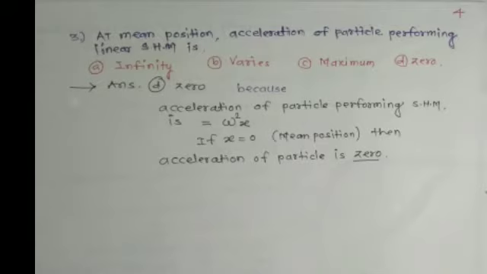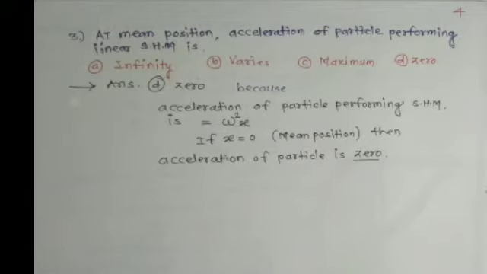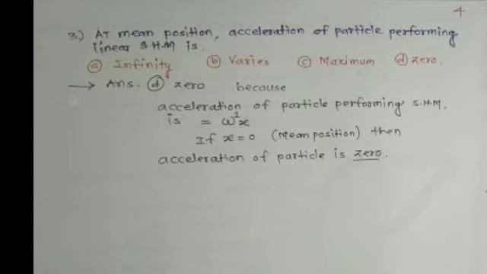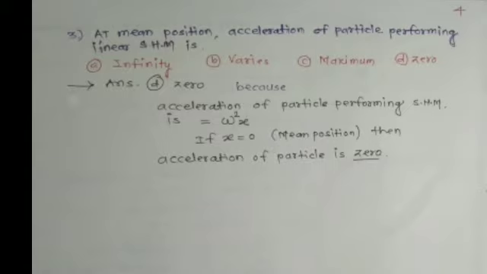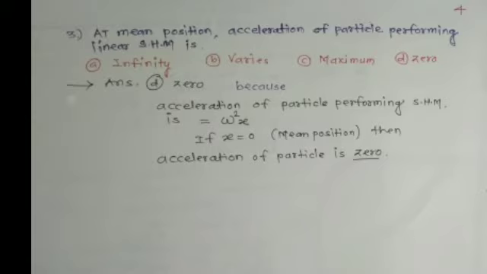So the answer to the above question will be option D, 0, because we know the acceleration of a particle performing SHM is omega square x. At mean position, x equals 0, then the acceleration of the particle will be 0. So the answer is 0.